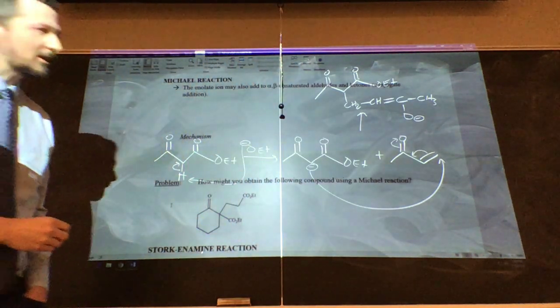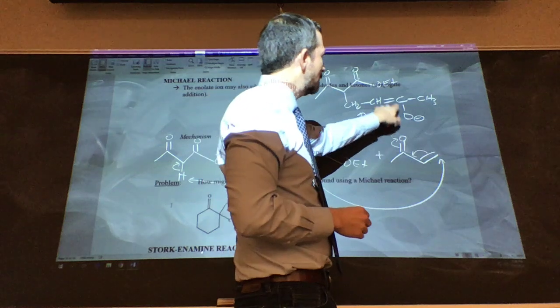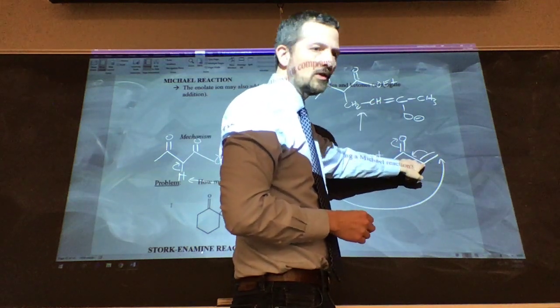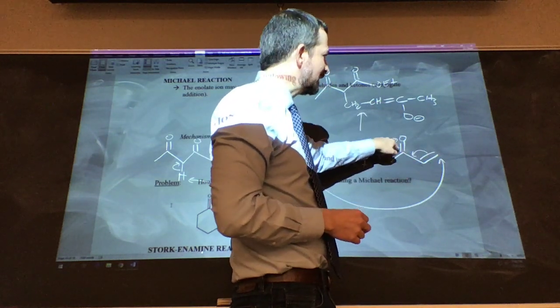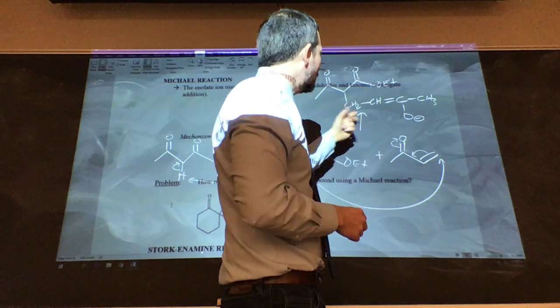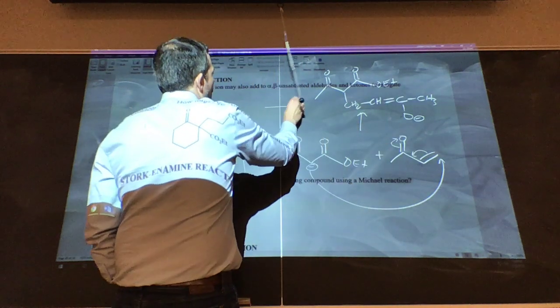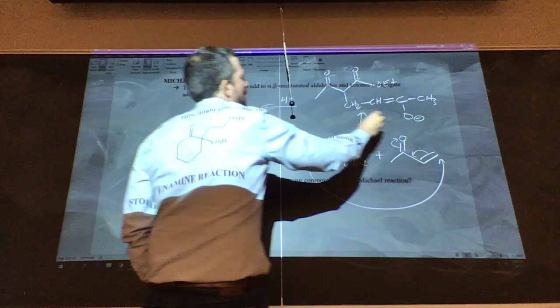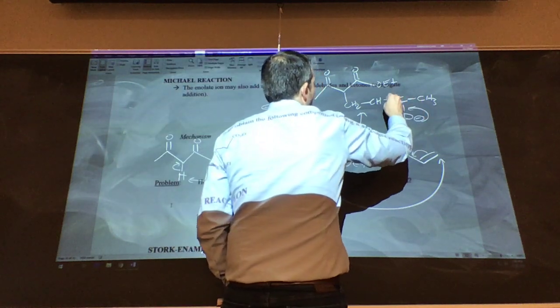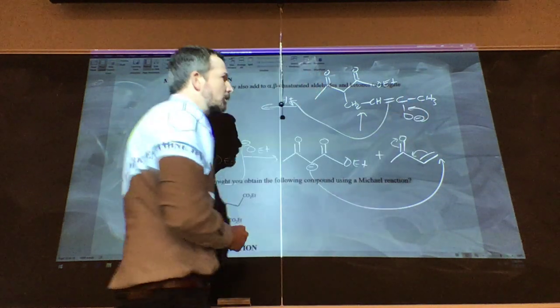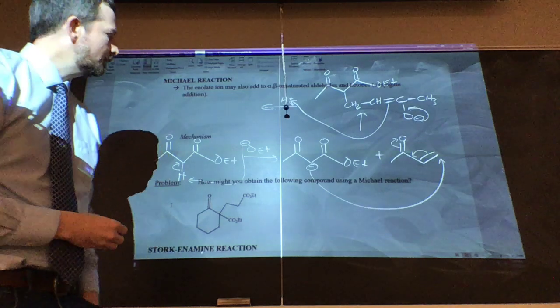This enolate ion is stabilized by resonance. You can put your minus charge here as well, but then it's stabilized with that carbonyl. Then you have some kind of a proton source that forms a carbonyl, and this will take off that proton source to get your product.